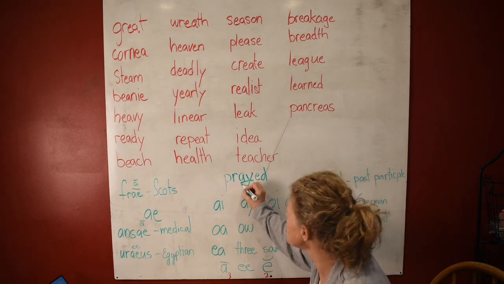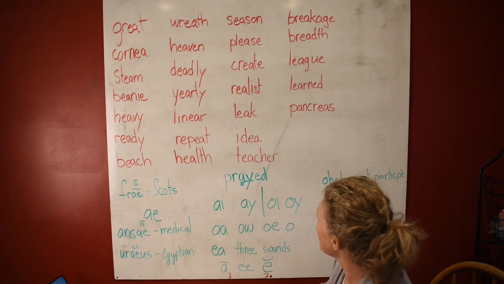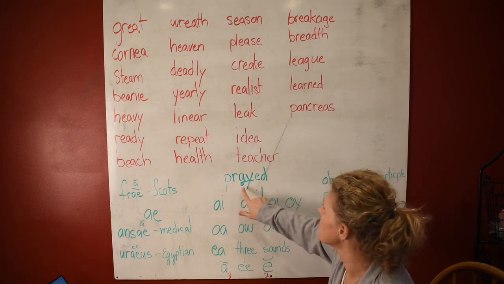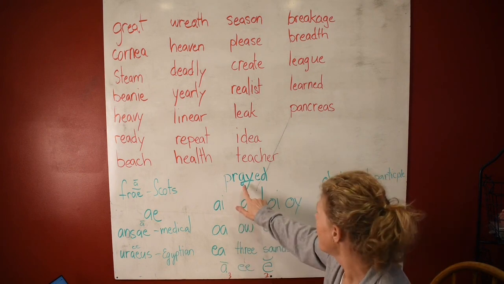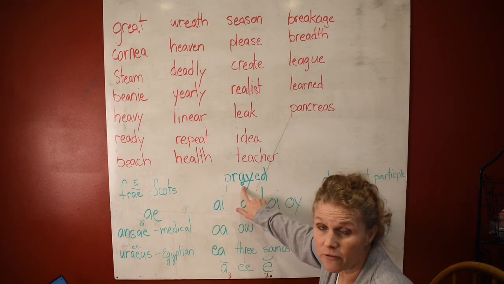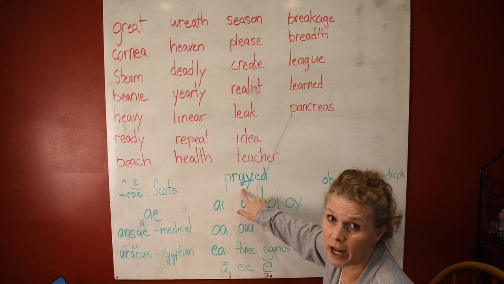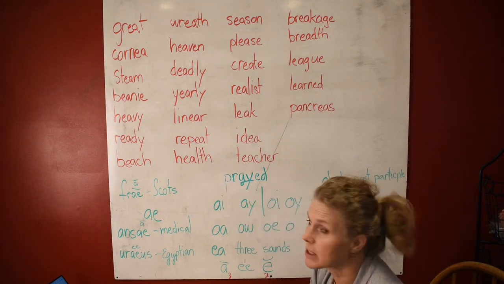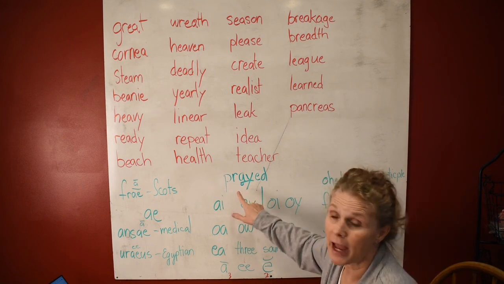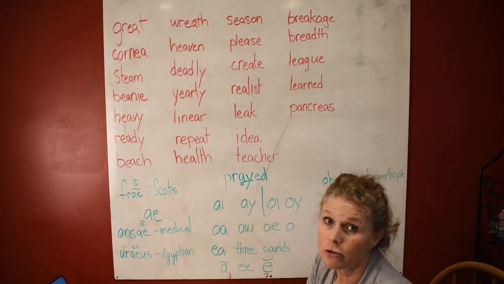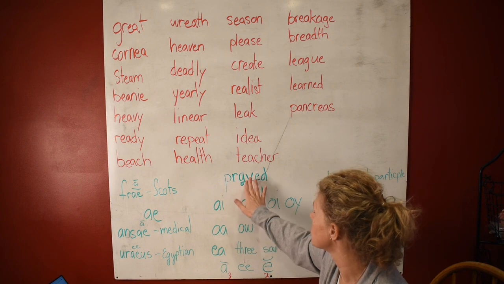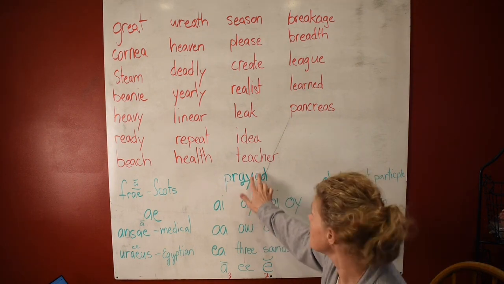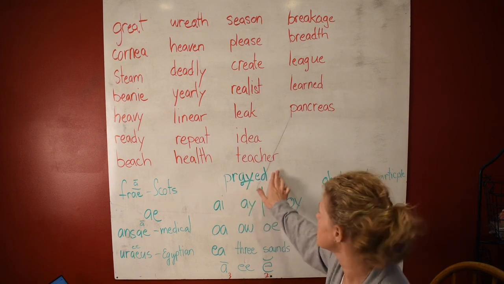We do not change the Y to I because of this vowel right here. That's a spelling rule. So if you see a vowel in front of your Y, you don't change the Y to an I. Or you just say, I don't change vowel teams, because vowel teams, if you have an AY, an EY, an OY, you don't change that Y to an I if there's a vowel here. So that would be really, truly at the end of your word with suffixes added onto it.